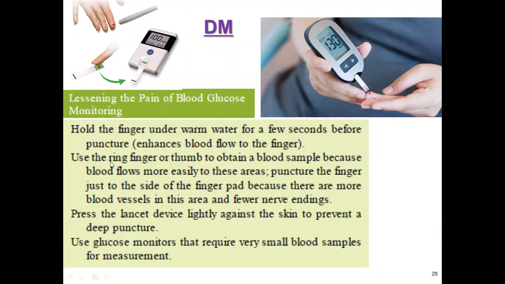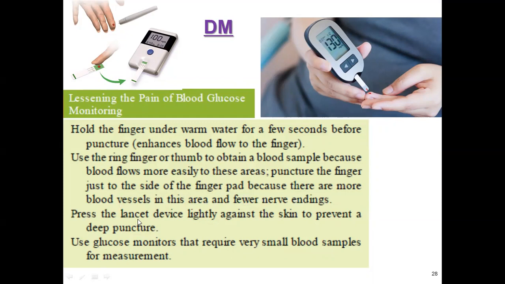Use the ring finger or thumb to obtain the blood sample because blood flows more easily to these areas, or puncture the finger just to the side of the finger bed, because there are more blood vessels in this area and fewer nerve endings. So don't go in the tip.